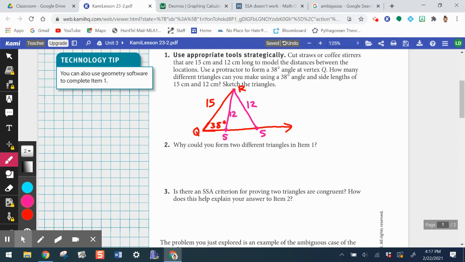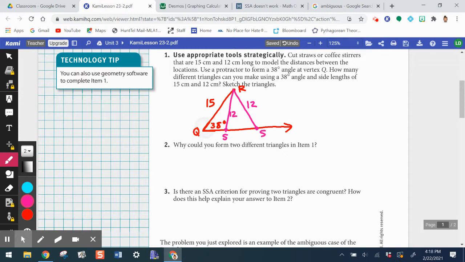So based on these measurements that they gave us, we could have an acute triangle QRS, or we could have an obtuse triangle QRS. And it said, why could you form two different triangles? Well, it's all based on angles and their opposite sides.